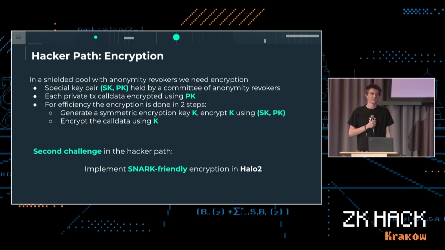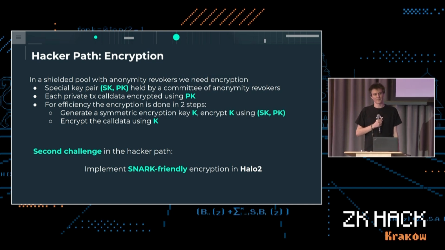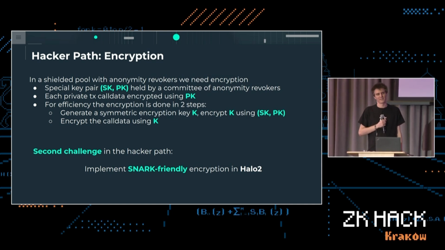So people have been thinking about all kinds of ideas. How can you prevent these bad actors from using the system, or how can you disincentivize them from joining the privacy pool to launder money, essentially? One of the ideas is to have a party in the system called an anonymity revoker.